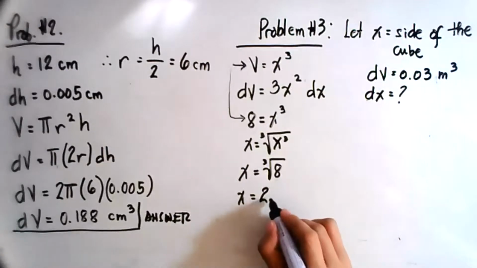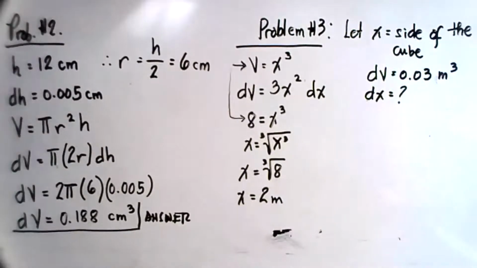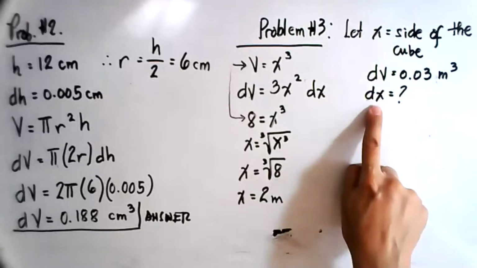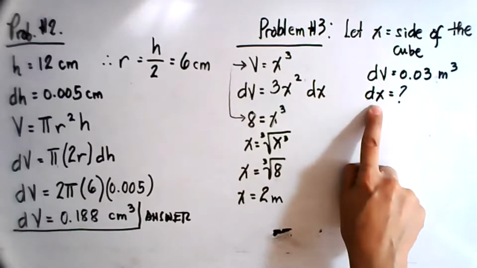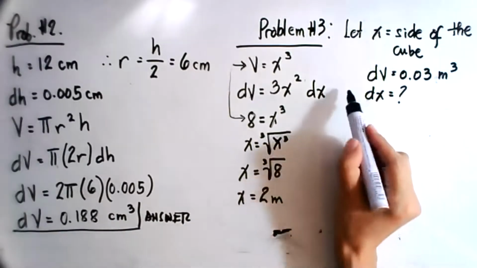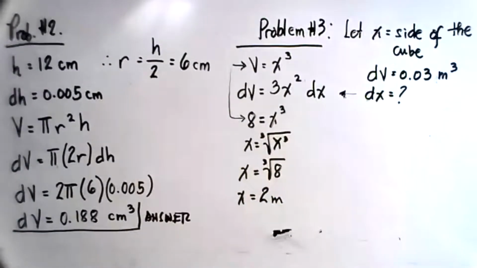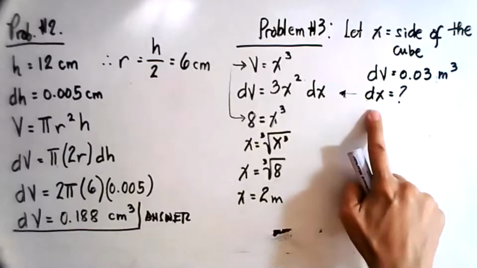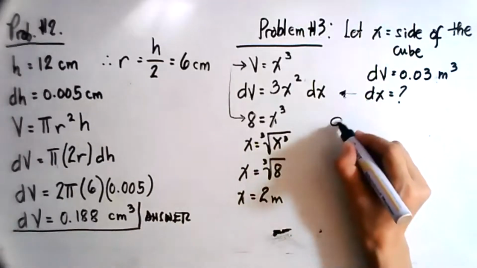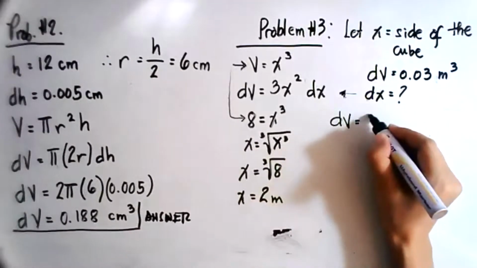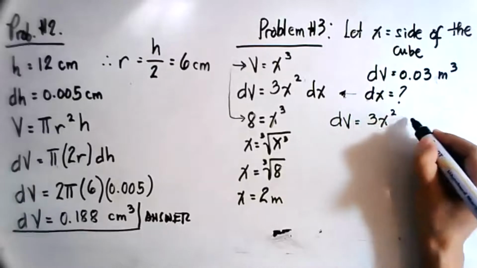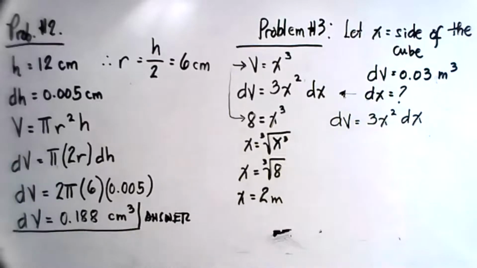Meters. Okay. But remember that the question is dx, di ba? So, we are going to use this formula to determine dx. dV is equal to 3x squared dx.